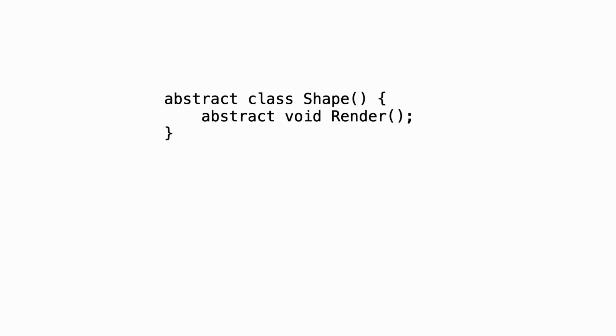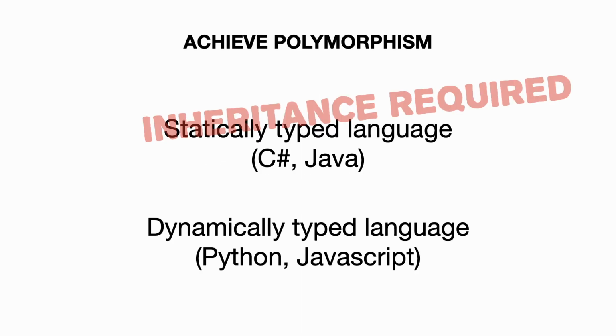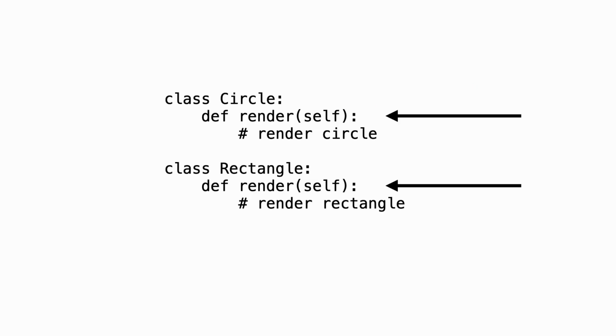For example, abstract base class Shape with abstract method render allows polymorphic render calls on all objects that inherit from Shape. But dynamically typed languages do not need inheritance to achieve polymorphism. As long as each shape object has a render method at runtime, everyone is happy.